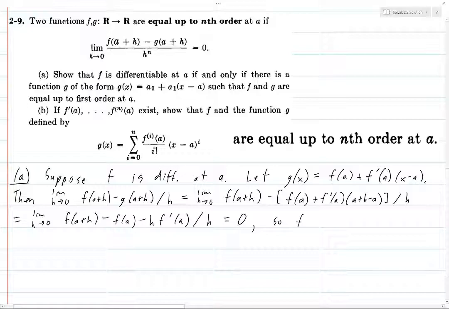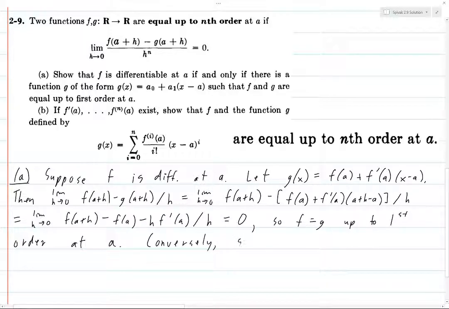So I'll just say f equals g up to first order at a. Because this limit that we started with is 0, and that's what it means for them to be equal up to first order at a. Okay.